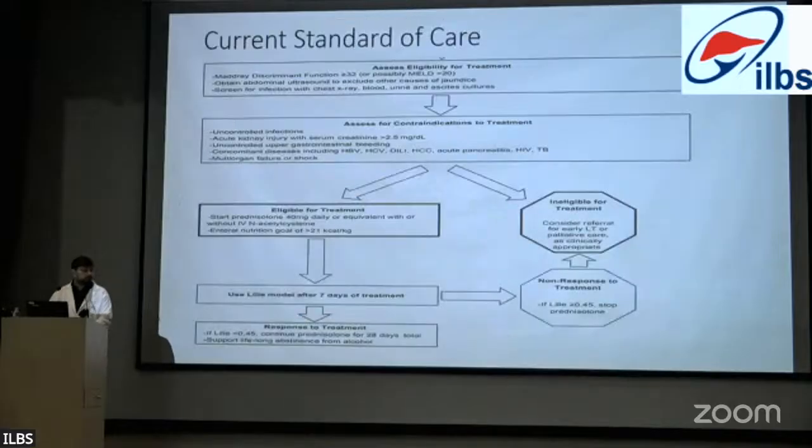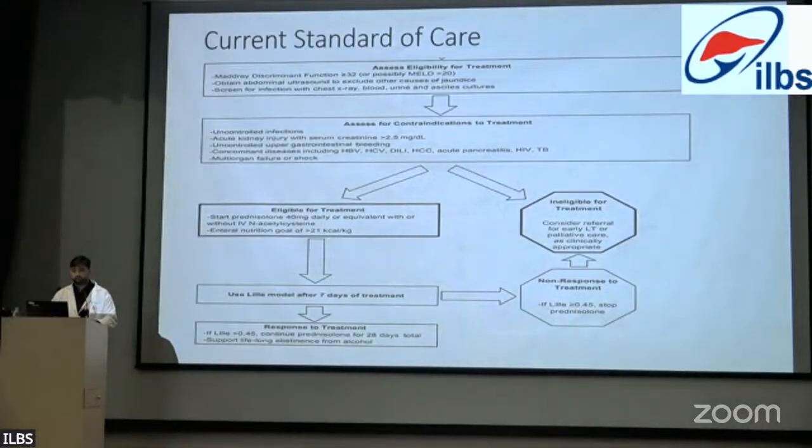So the current standard of care for patients of alcoholic hepatitis, currently we mostly rely on, first of all, nutrition. We give 35 to 45 kilocalories per kg body weight and protein of around 1.2 to 1.5 gram per kg of body weight.